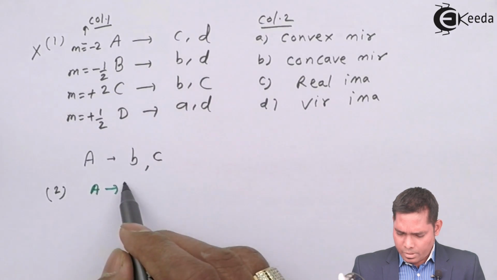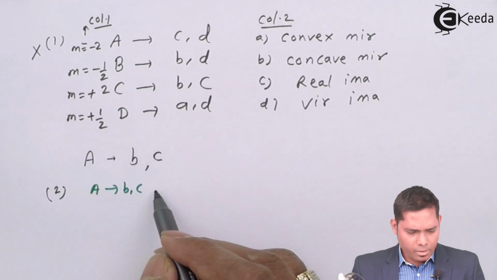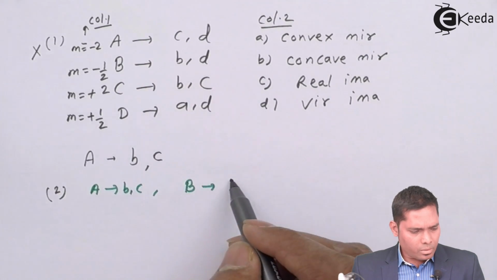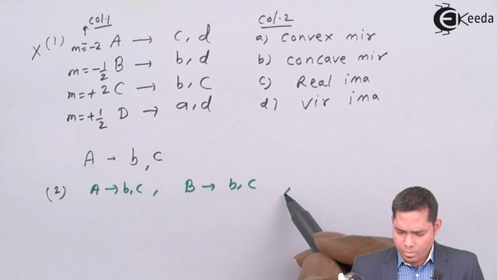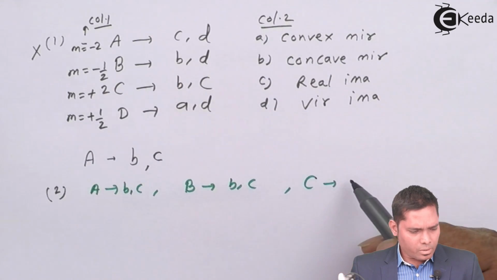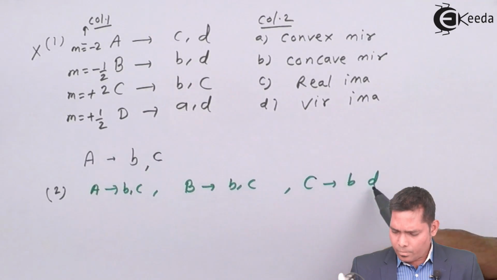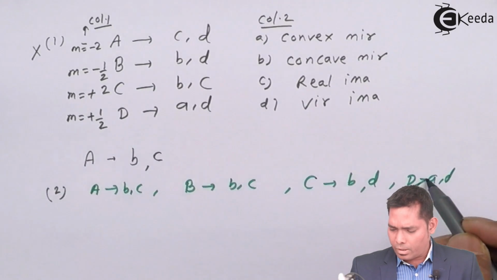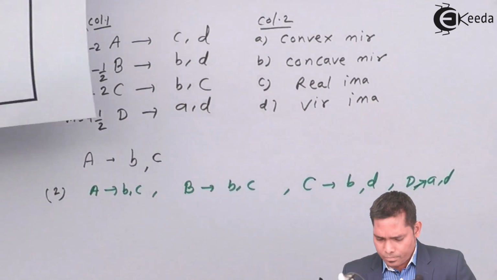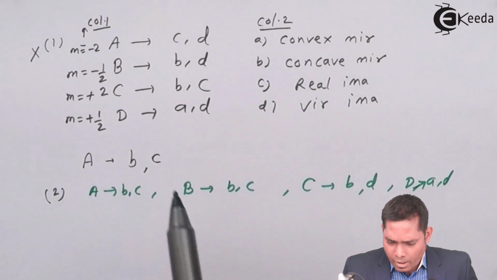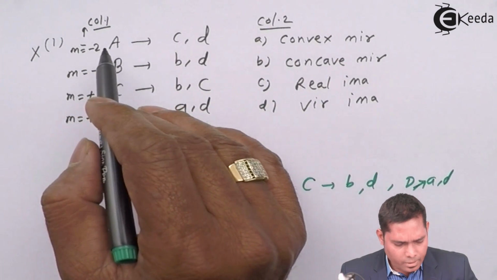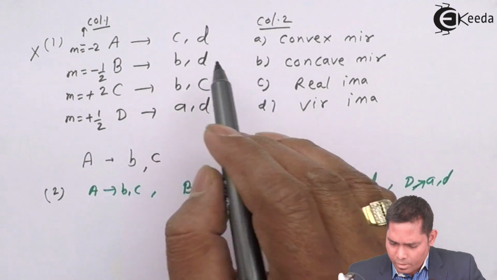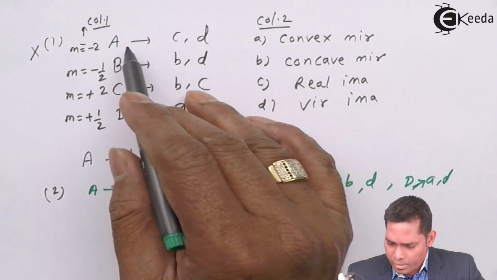A is BC, B is BC, C is BD, and D is AD. Let us take this one. A is BC. A I got as B and C.